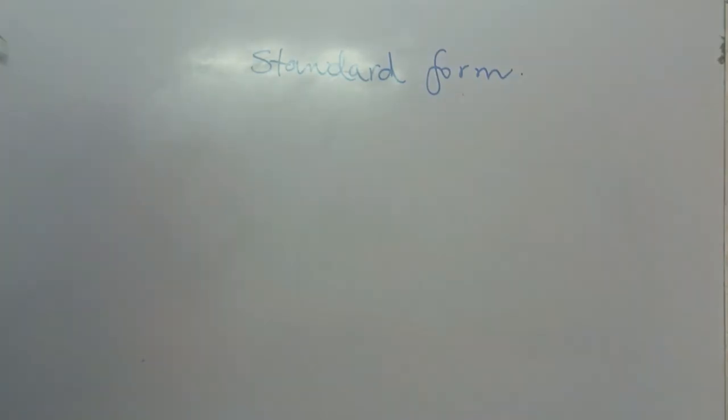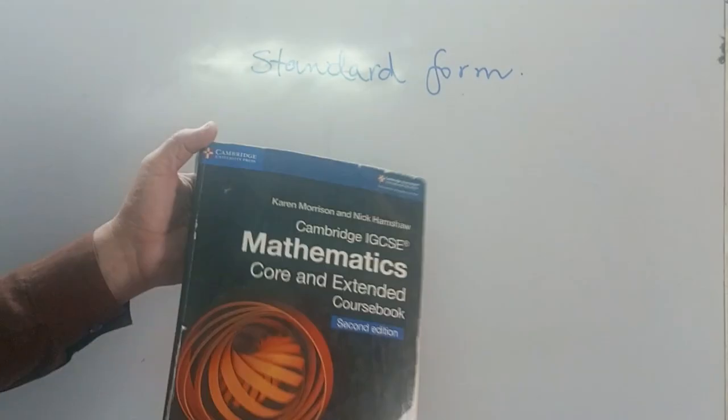So you know that we were doing this book, and from this book, we were at chapter number 5 prior to the vacations. We have already covered some fractions, how to resolve a fraction into simpler fractions, and also the increase and decrease percentage in the fractions.